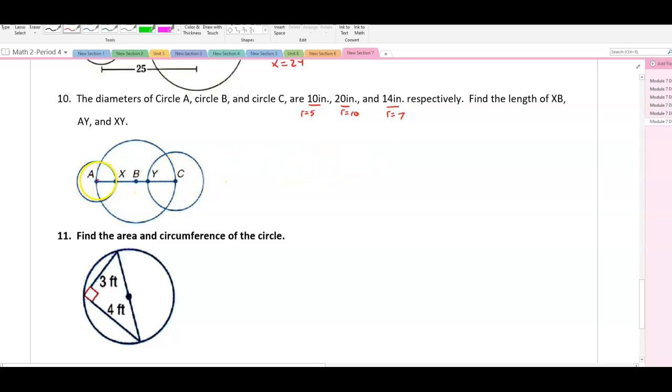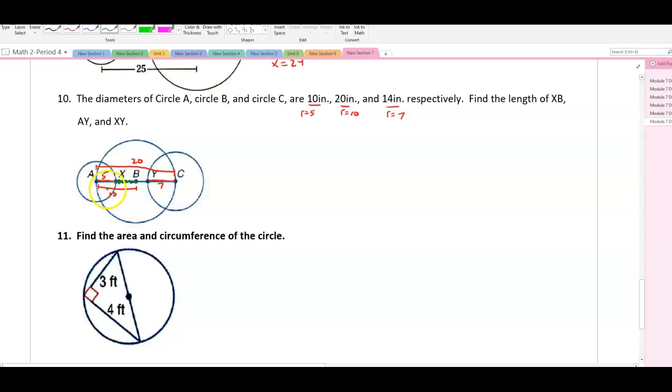So right away I know this radius is going to be 5. This radius is going to be 7. Now, this radius is going to be 10, but this diameter, remember, is going to be 20. They want us to find the length of XB. This is what we're looking for.